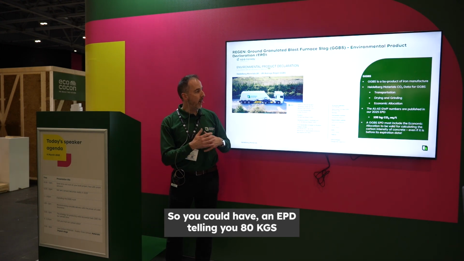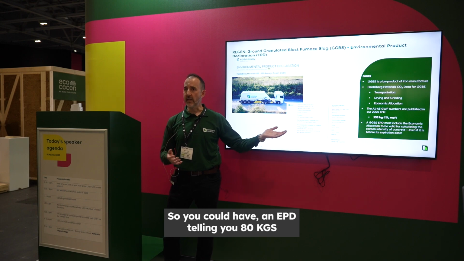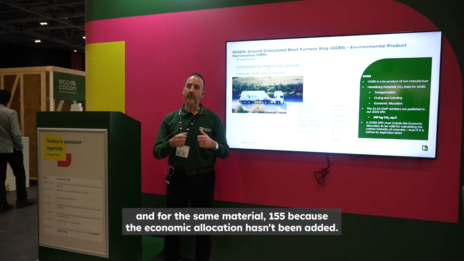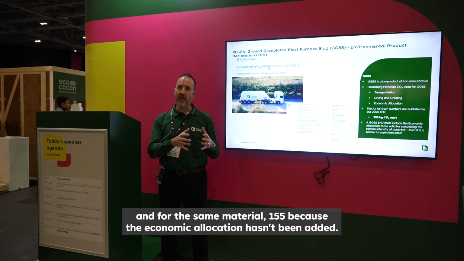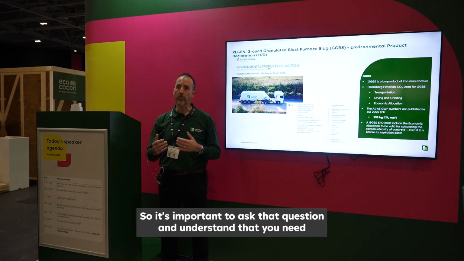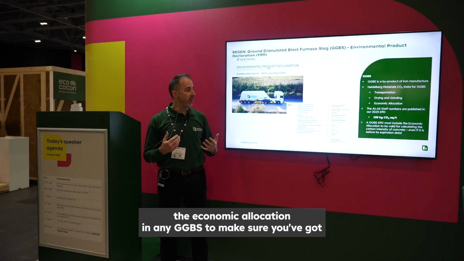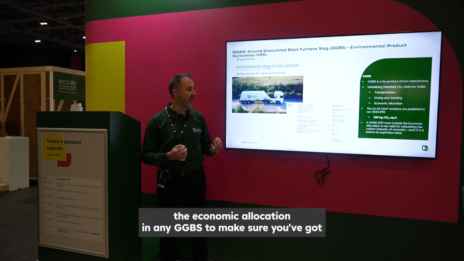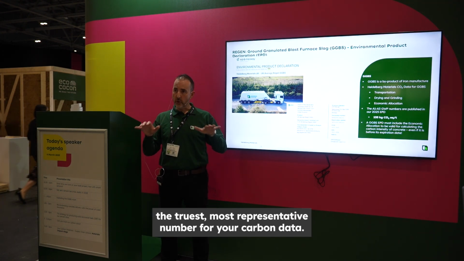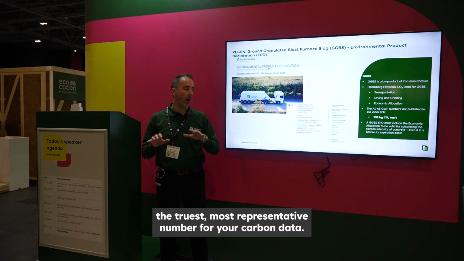So you could have an EPD telling you 80 kgs and for the same material 155 because the economic allocation hasn't been added. So it's important to ask that question and understand that you need the economic allocation in any GGBS EPD to make sure you've got the truest, most representative number for your carbon data.